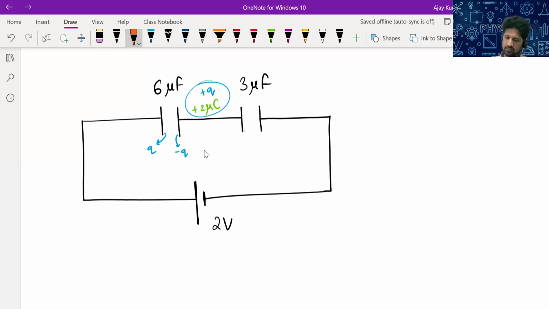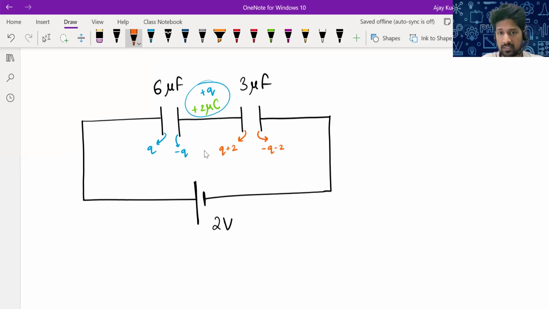So the charge here will be Q plus 2. 2 is in microcoulombs, so we'll get the answer for Q also in microcoulombs itself. And if that is Q plus 2, then this should be minus Q minus 2.